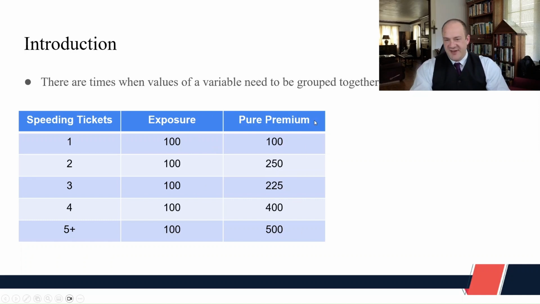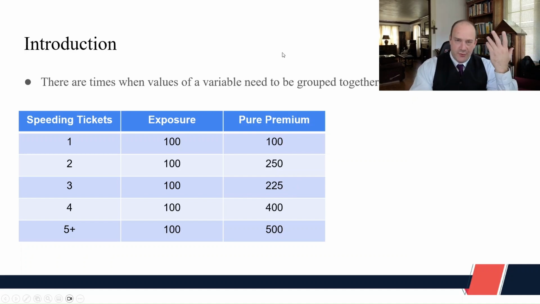And so what we see is that the average loss per number of speeding tickets mostly goes up, right? It mostly goes up. But in the case of moving from 2 to 3 here, it kind of goes up, goes down, and goes back up, right?